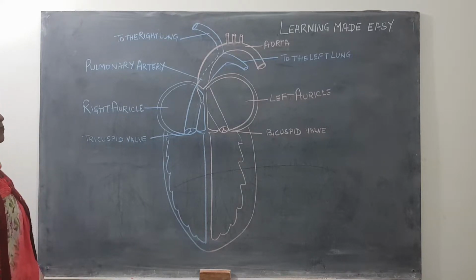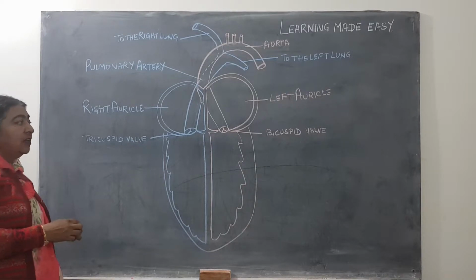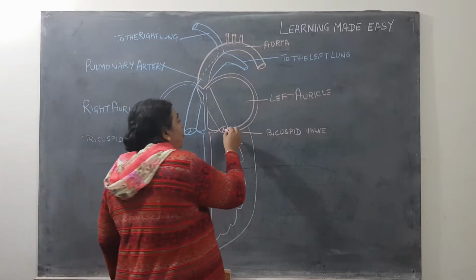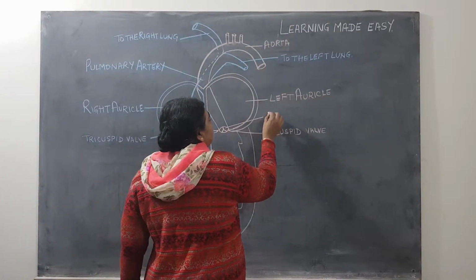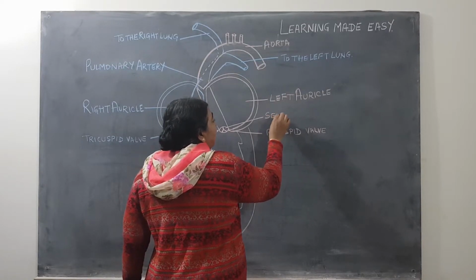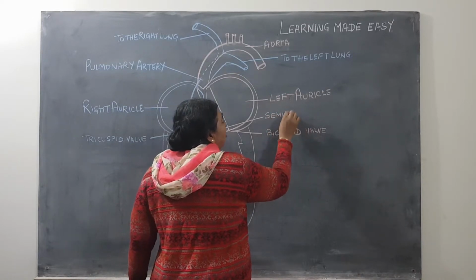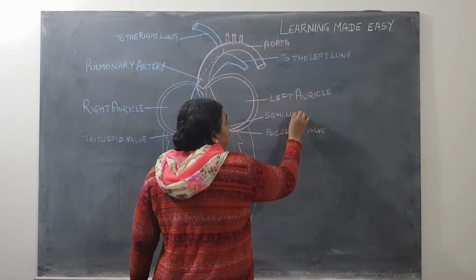Both these big vessels are guarded by semilunar valves on the end. Now, what are these semilunar valves? Semi, as you know, is half. Lunar pertains to the moon.